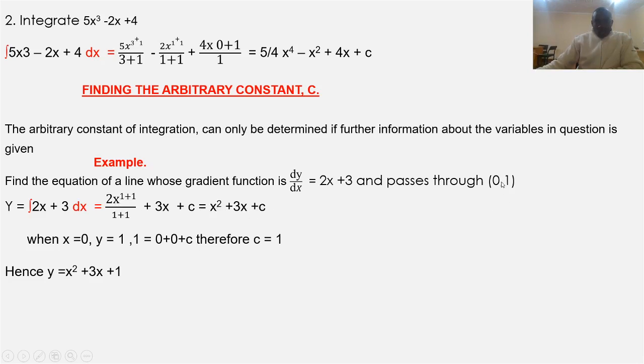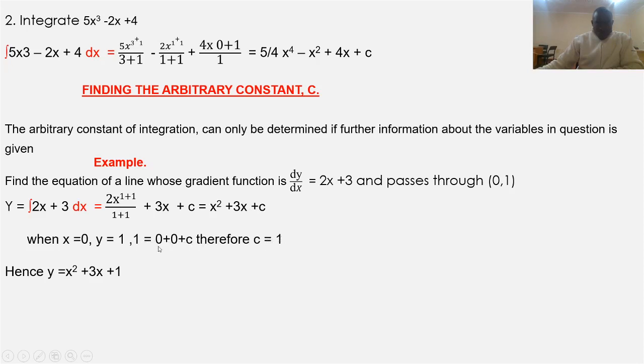And we are told here that x is 0 and y is 1. So when x is 0 and y is 1, we say 1 will be equal to, wherever we have an x, we substitute 0. So 1 equals 0 plus c.